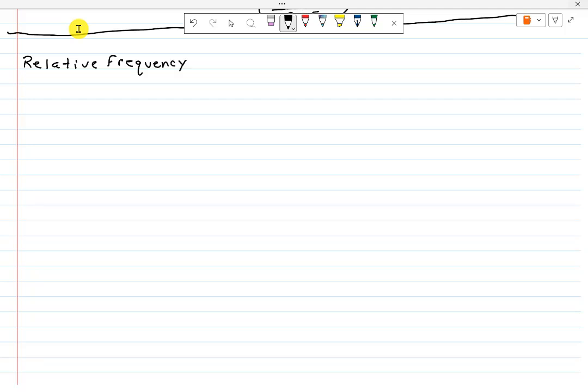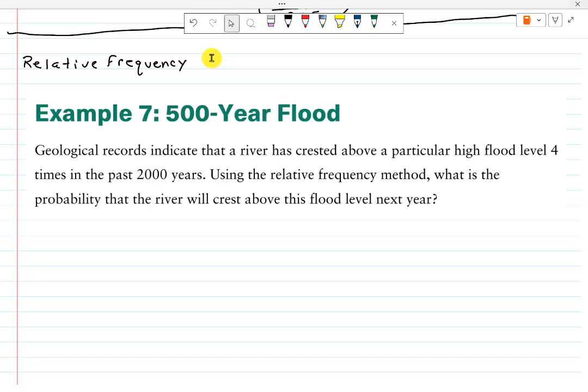Next topic is relative frequency. So we're told that 4 times over the last 2,000 years, a certain river has crested to a high point. The relative frequency method is using the past probabilities or the past occurrences to use for future purposes.